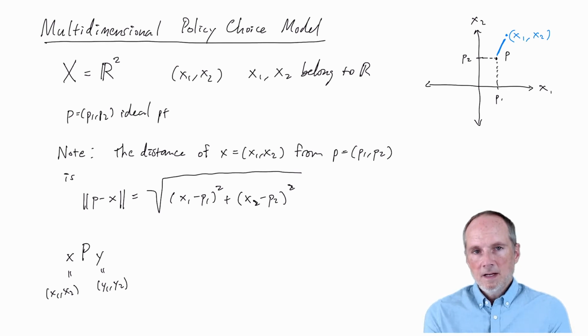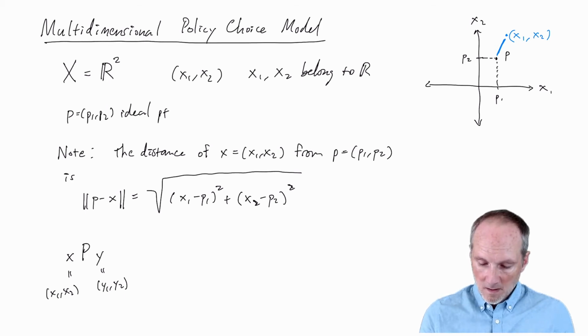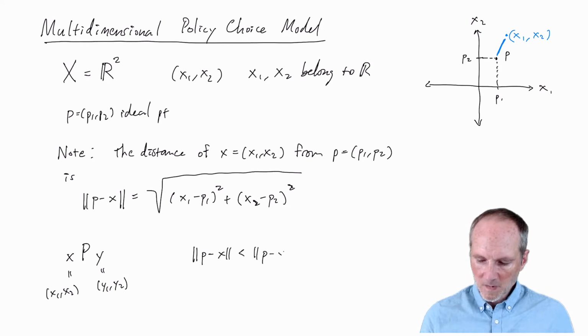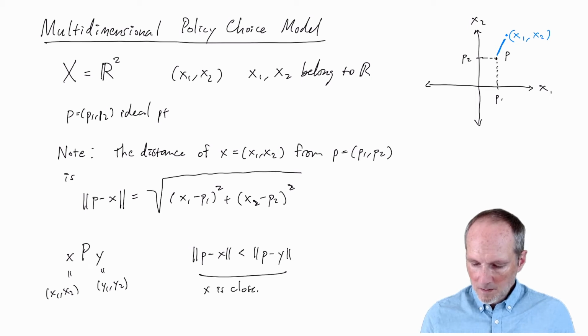So between any two policies, X and Y, our politician will like X more than Y whenever X is closer to the politician's ideal point than Y is. Okay, so this inequality that I've drawn here means X is closer to P than Y is.